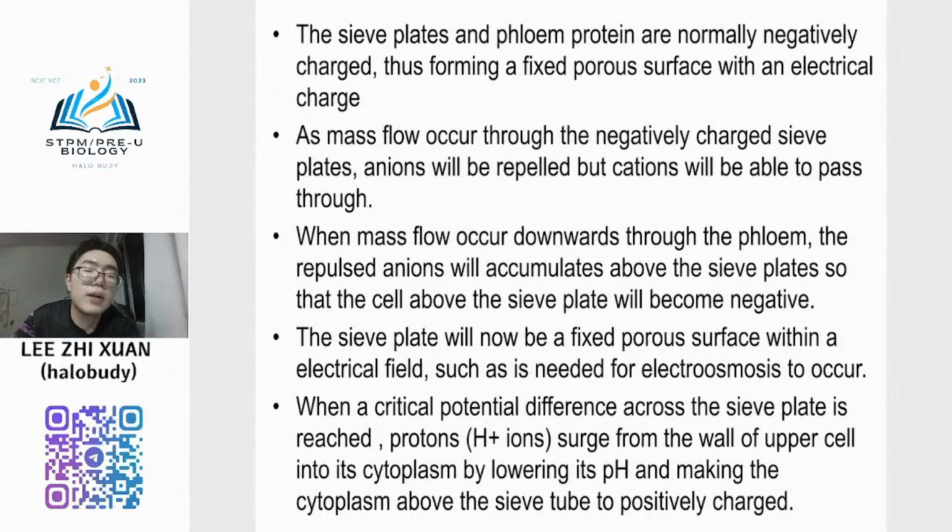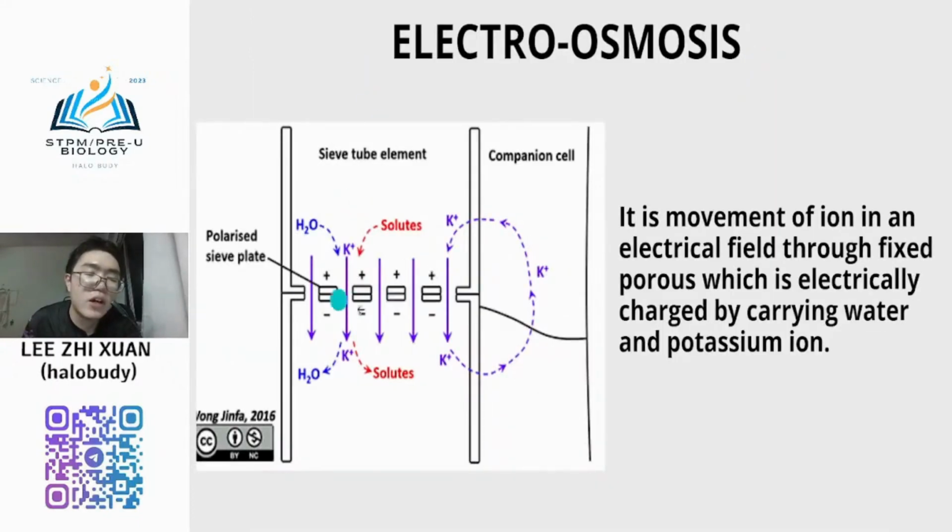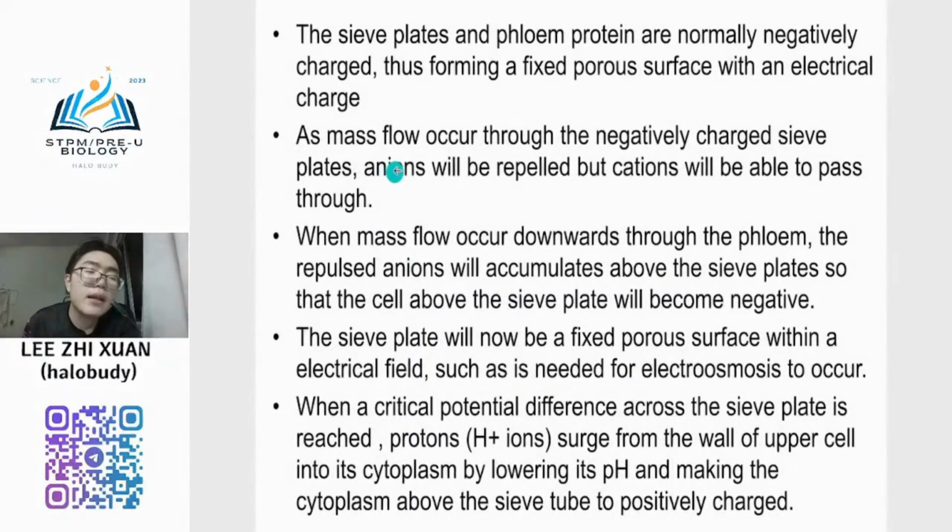Normally your sieve tube, sieve plate and the film protein are negatively charged, thus forming a fixed porous surface with an electrical charge. So in your sieve plate it is negatively charged at the beginning of the process. When flow occurs through the negatively charged sieve plate, anions will be repelled, but cations will be able to pass through.